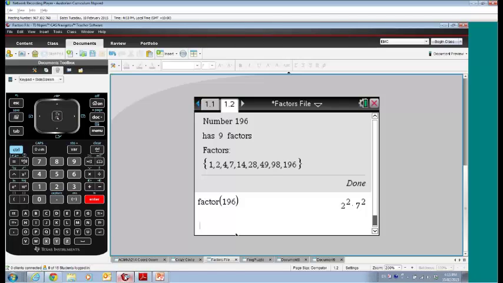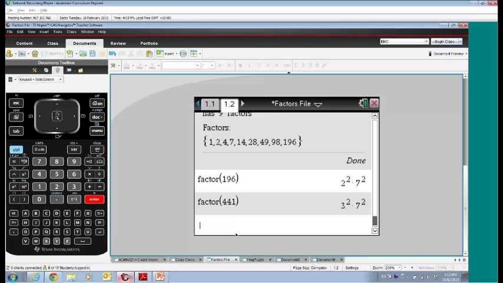I haven't seen anyone come up with the correct reason why that might be, but I suspect Alan already knows how to work this out because he managed to find another one. Here's another one for people: factor 441, 3 squared by 7 squared. Remembering every single one of these has 9 factors, and the fact that they all have an odd number of factors means that these are all perfect squares. So that does narrow it down, but not all perfect squares have 9 factors.